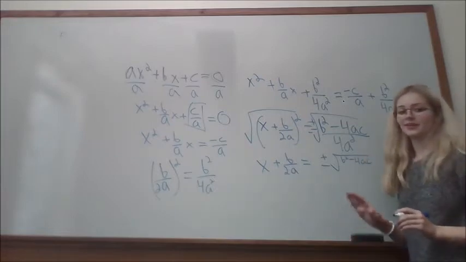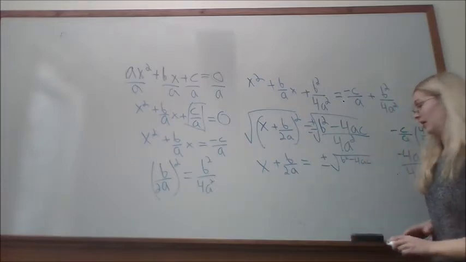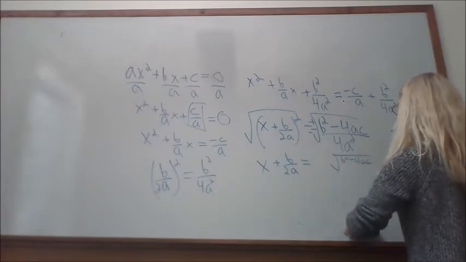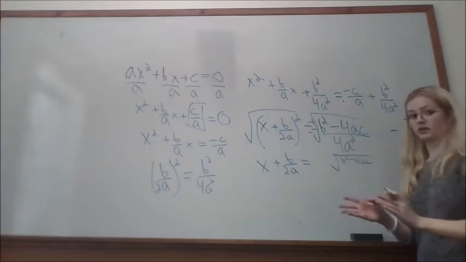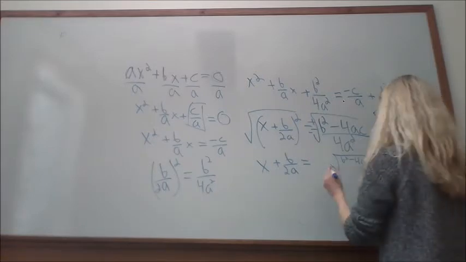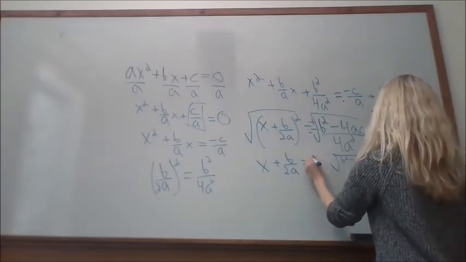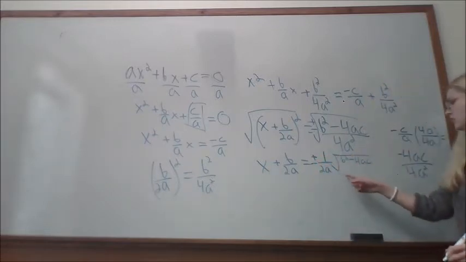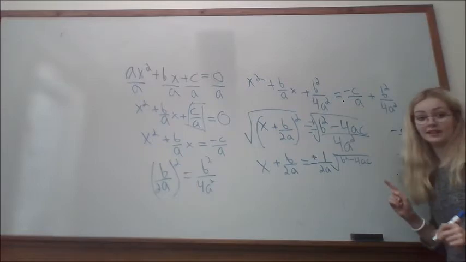But we know the square root of 4a squared is 2a, because 2a quantity squared is 4a squared. So we actually have plus or minus 1 over 2a times the square root of b squared minus 4ac.